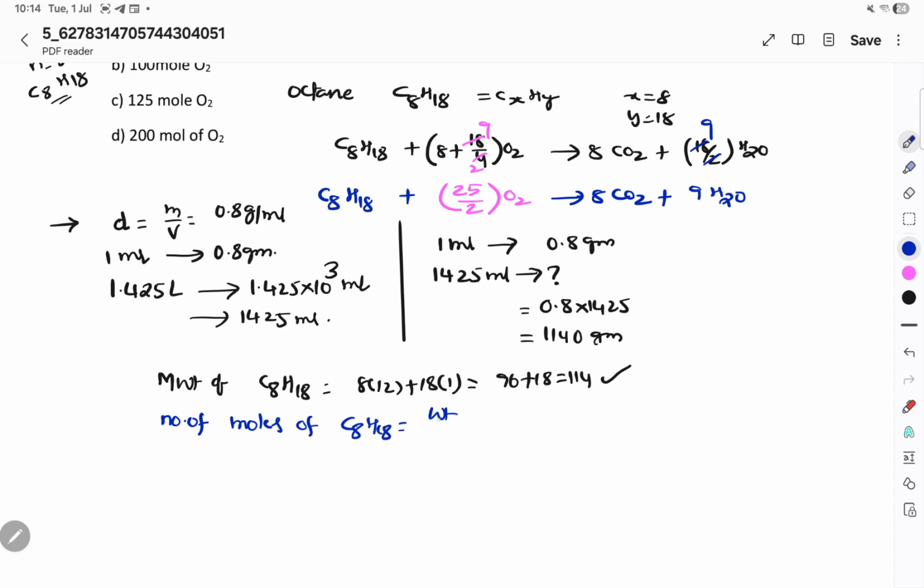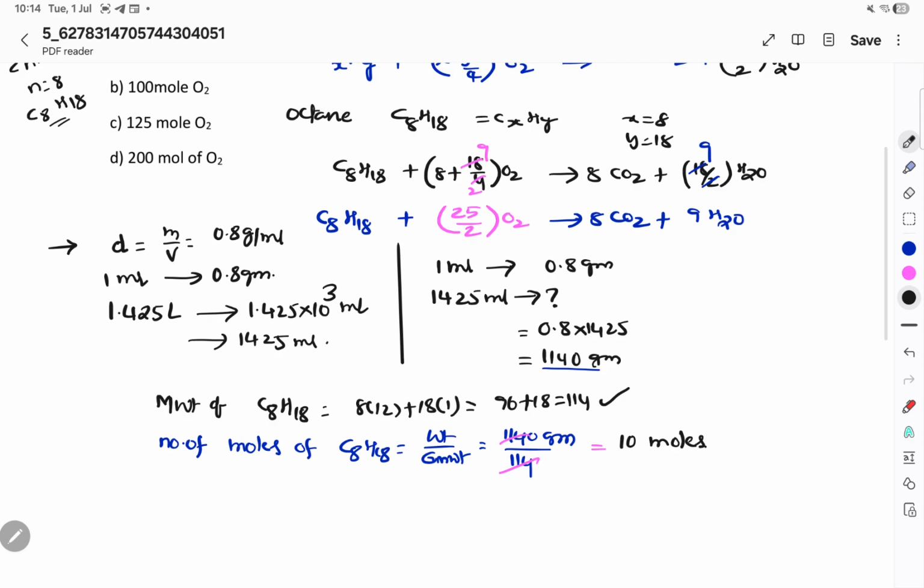Number of moles is equal to given weight by gram molecular weight. Given weight is 1140 grams, and molecular weight of octane is 114 grams. You can cancel these two. Finally, your answer is 10 moles. Now you have calculated the octane moles.